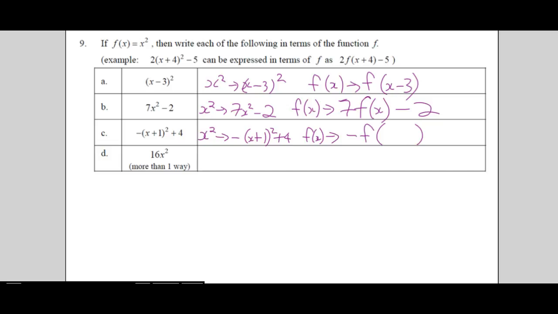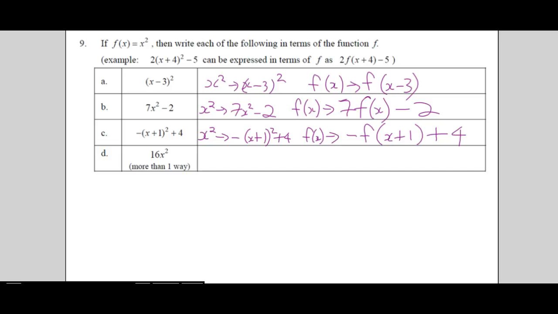And then, are we done? What do we need? Plus 4. Right? So what we're doing is converting from an x squared, which is a function that we could graph, into some general function notation, and just saying, okay, you're going to go negative f of x plus 1. What's f of x plus 1? It's x plus 1 quantity squared. Oh, okay, that gives me the negative x plus 1 squared, which I need. And then, oh, I need a plus 4. So we've got to put a plus 4.